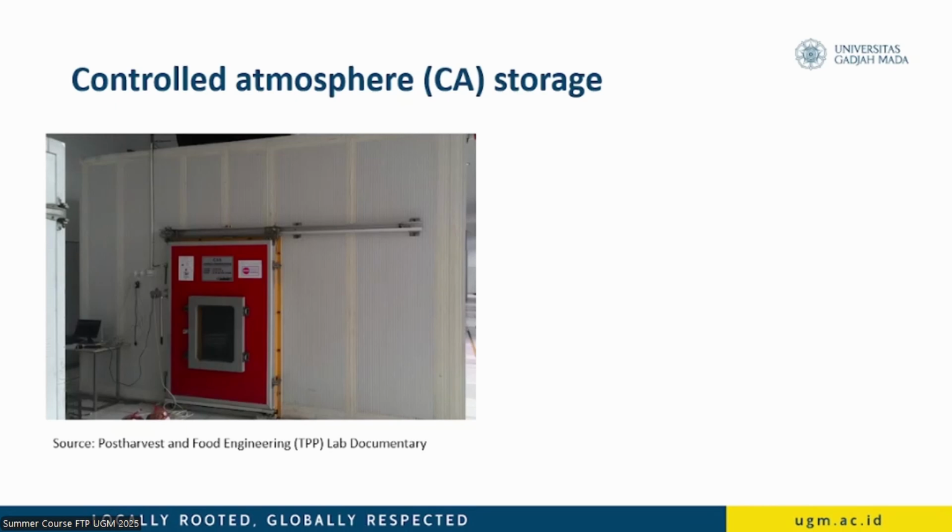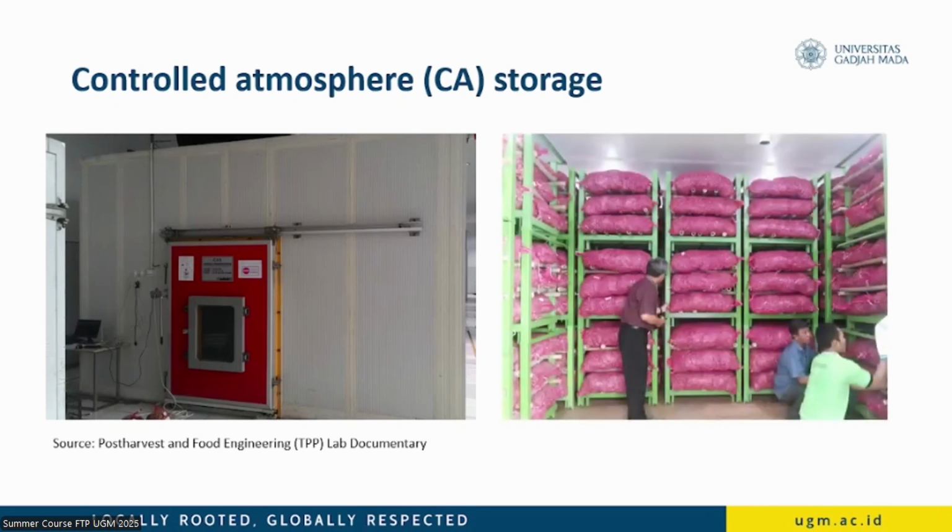Imagine that this is the new storage building. Then we want to know the performance of this storage. What we did before was experimental storage. We tried to store onions or salad inside the CA storage.